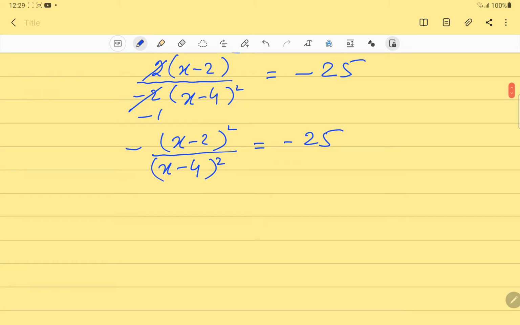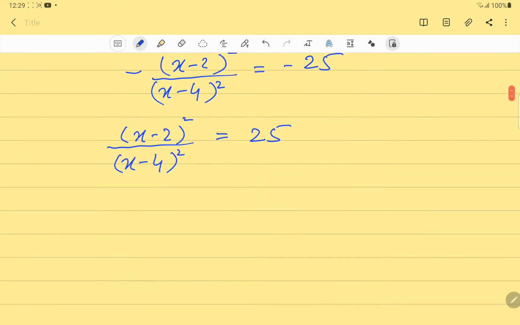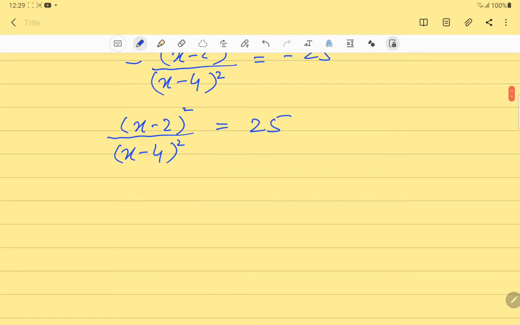We have minus sign on both the sides, which we can cancel with each other, or you can simply say that if we multiply both the sides with minus 1, we will get (x minus 2) squared over (x minus 4) squared is equal to 25. Left side we can write it like this: ((x minus 2) over (x minus 4)) whole square is equal to 25.